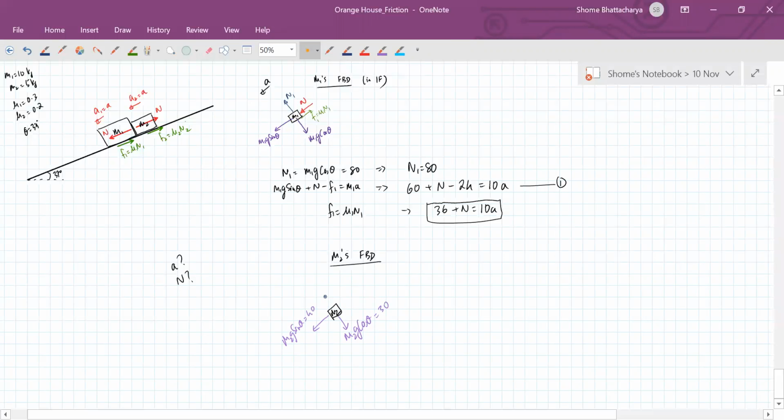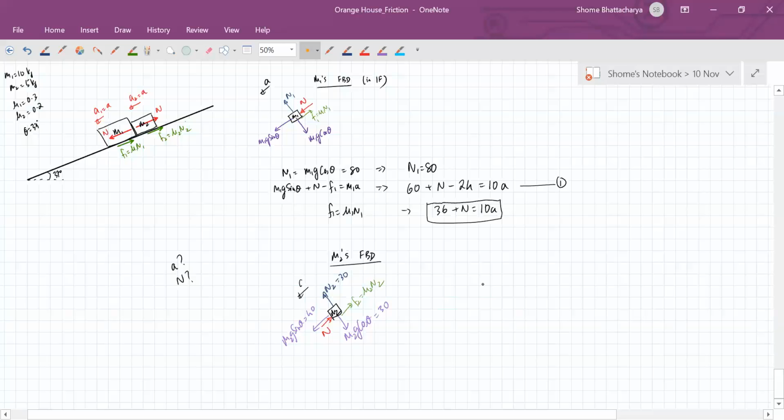Then normal reaction N2, this will also become 30. Now the lower block is pushing up with N, and there is kinetic friction, so that is mu2 N2. And it has the same magnitude of acceleration as the first one. Same acceleration, common acceleration.